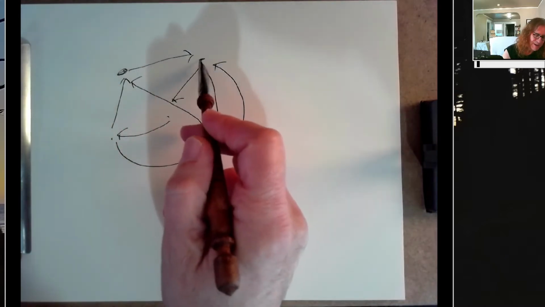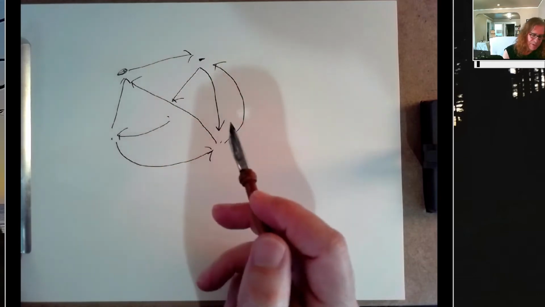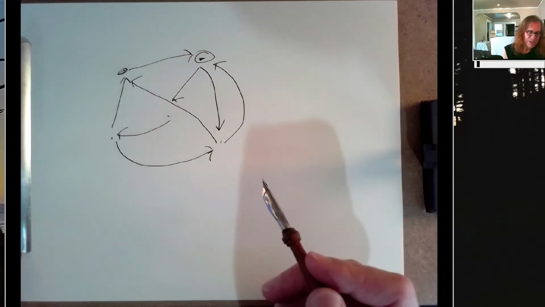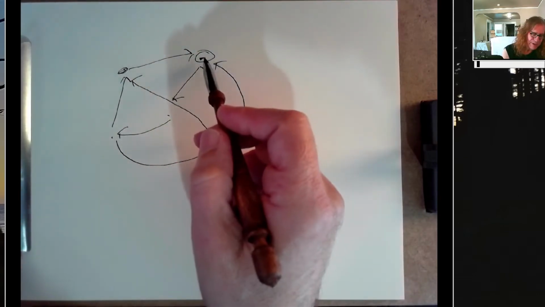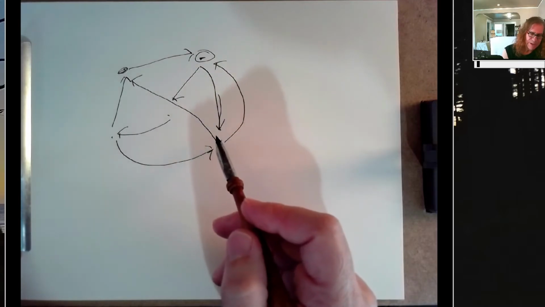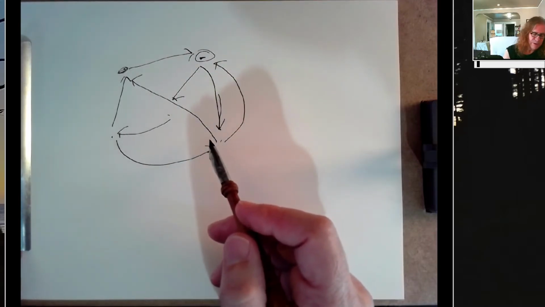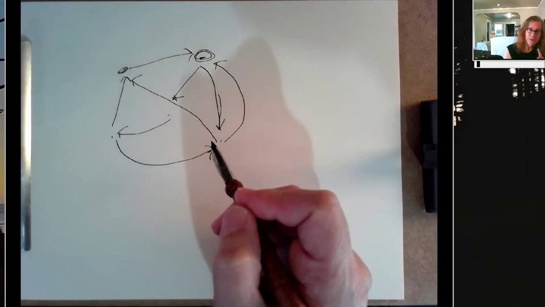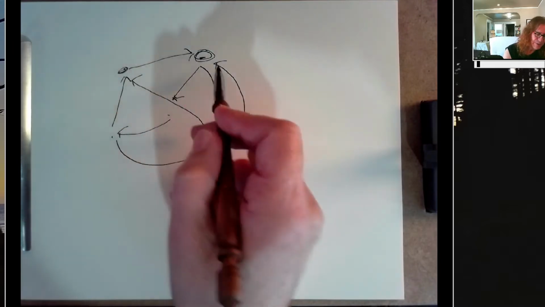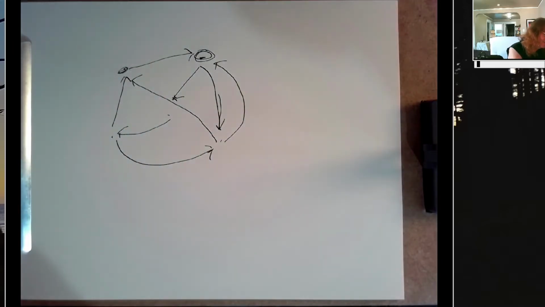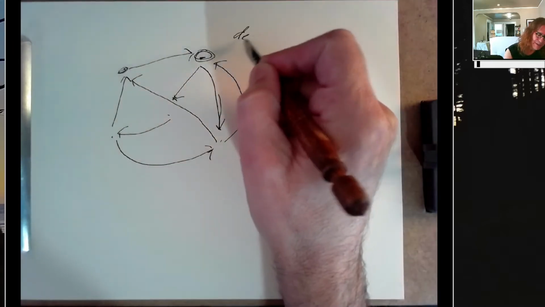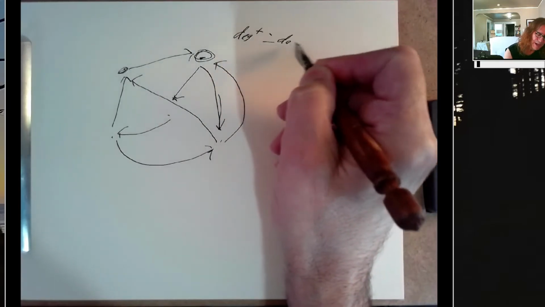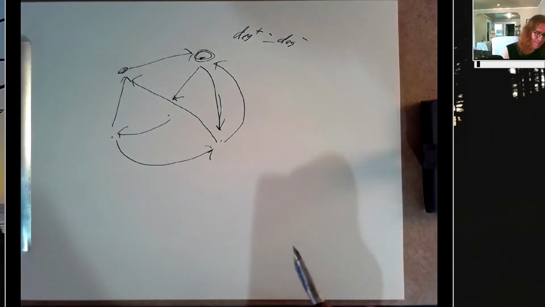Every time you arrive, you're using up an in degree. If this is not where your path is going to end, anytime you enter, you also have to exit. And your goal is to go across all of the edges, which means for every edge going in, if it's not your terminal point, there has to be an edge going out, which means the degree in and the degree out are going to have to be the same.